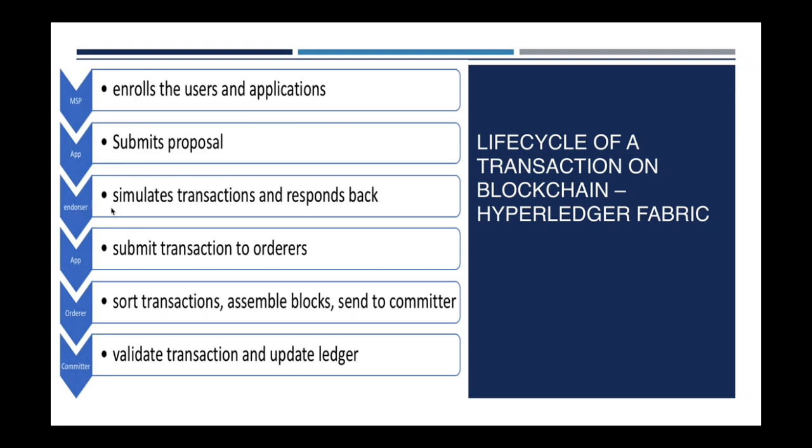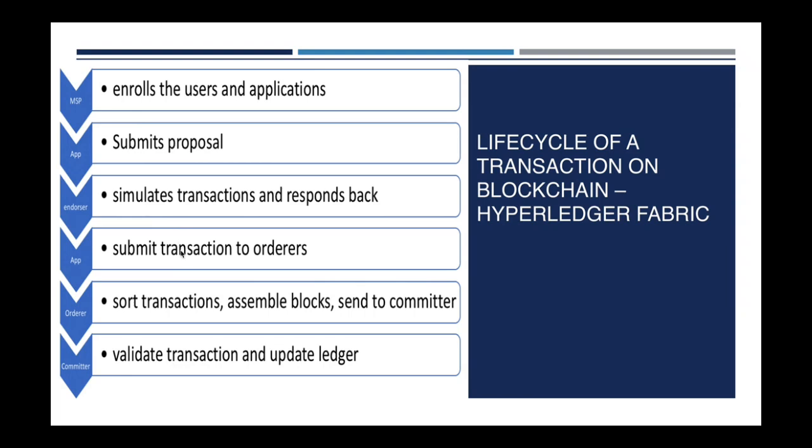We will get into the different types of peers in the coming lectures. Now let us just understand there is a unique type of peers which has chain code installed on it. So application submits the transaction proposals to those endorsing peers. Endorsing peers simulate the transactions and respond back to the application.